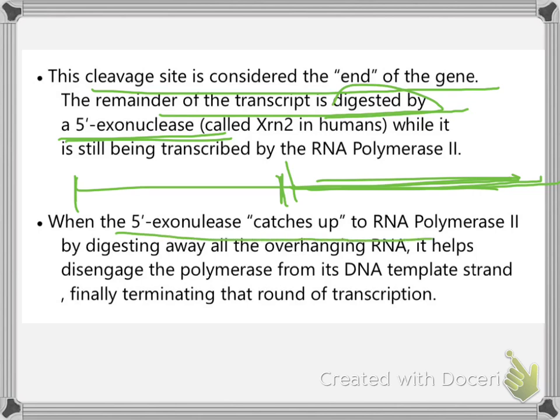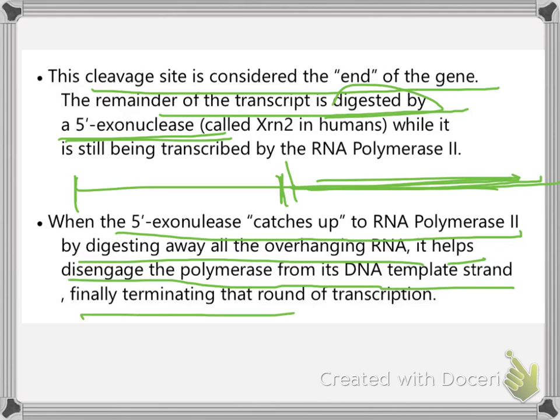When the 5' exonuclease catches up to RNA polymerase II by digesting away all the overhanging RNA, it helps disengage the polymerase from its DNA template strand and finally terminates the round of transcription. That is, the exonuclease digests all the overhanging RNA and helps the polymerase to release from the DNA template, so that the transcription can stop.